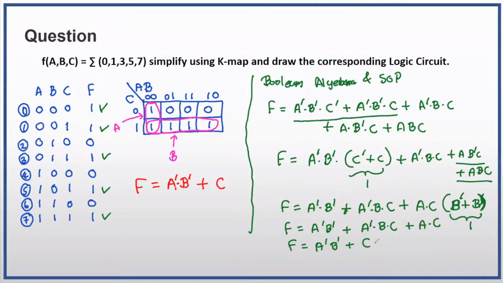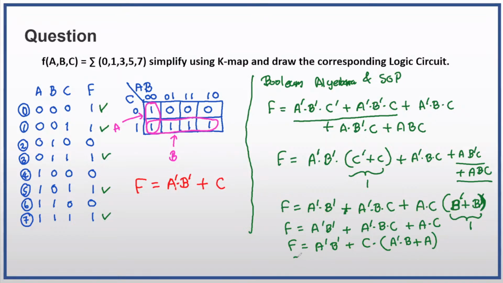So here you can see A dash B plus A. Now what you can do is use the distributive law.